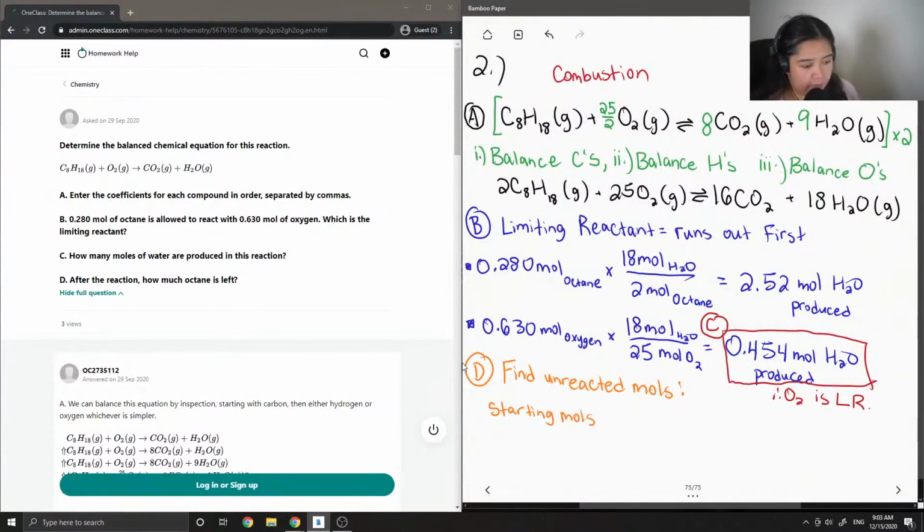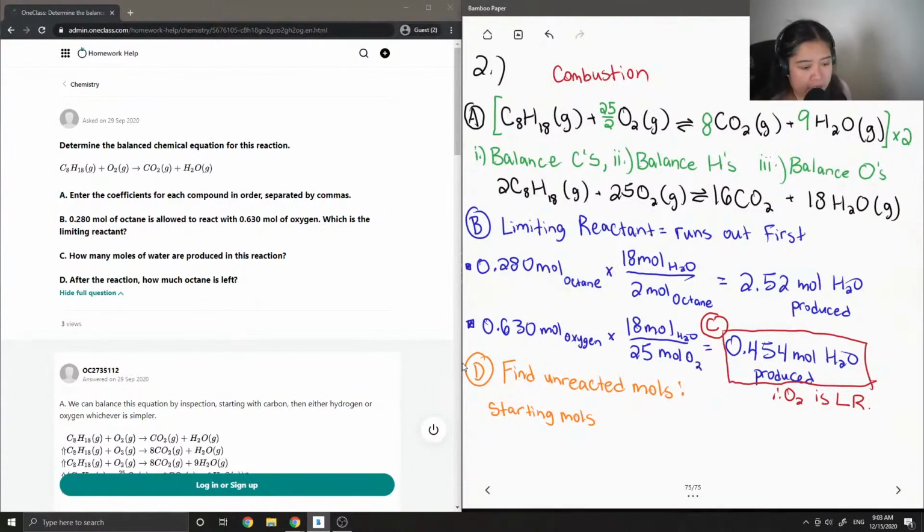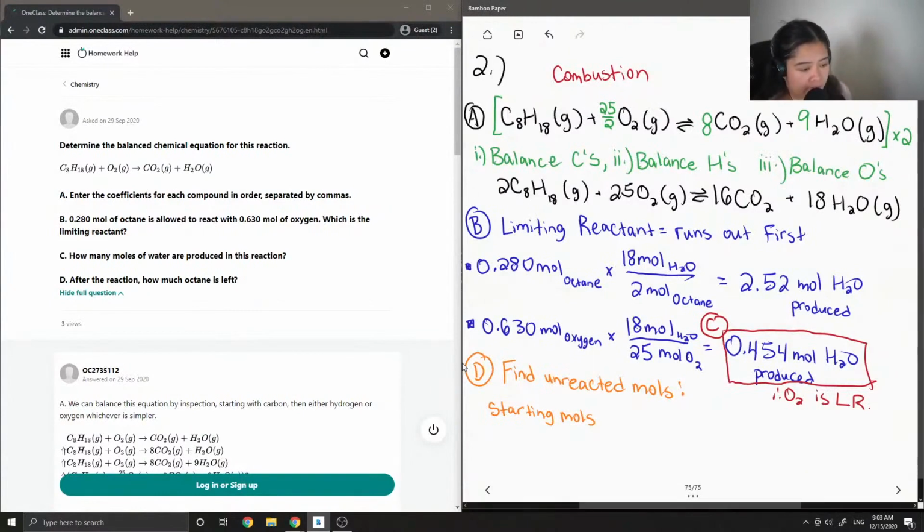So basically, we're trying to find out how much octane was left over if all of it reacted with the limiting oxygen.